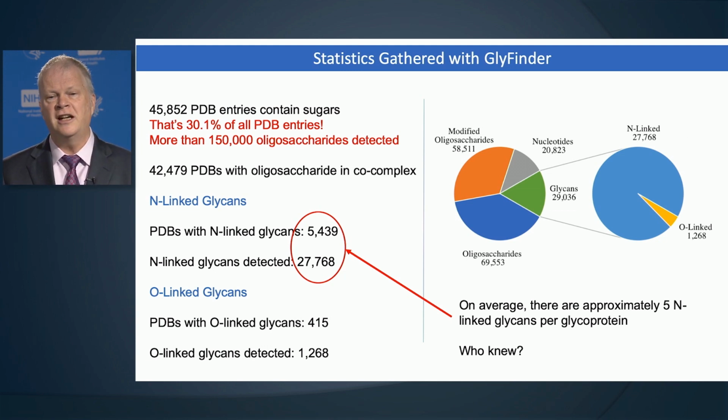If we look at the details of what's deposited, you can see glycans make up 30,000 structures. Oligosaccharides, these are sugars that are not attached to the protein, make up twice as much at 70,000. Among the glycans, the majority are N-linked, that is attached to asparagine, and a smaller number attached to serine or threonine, so-called O-links.